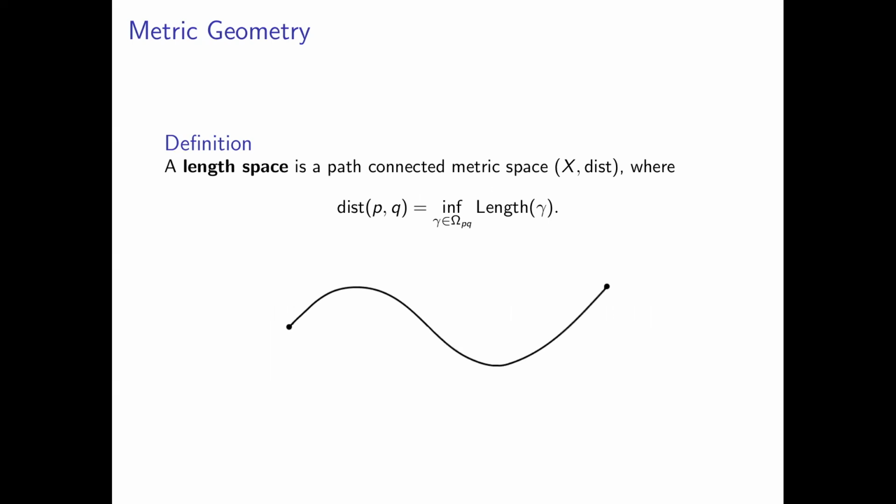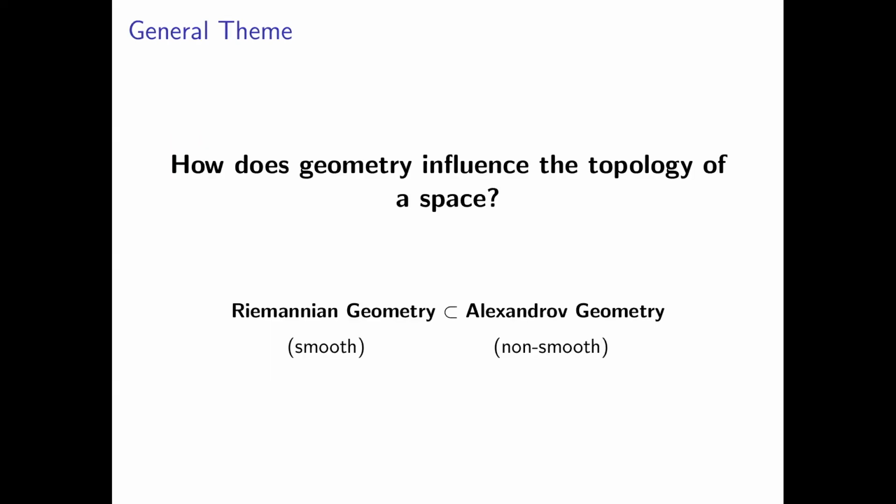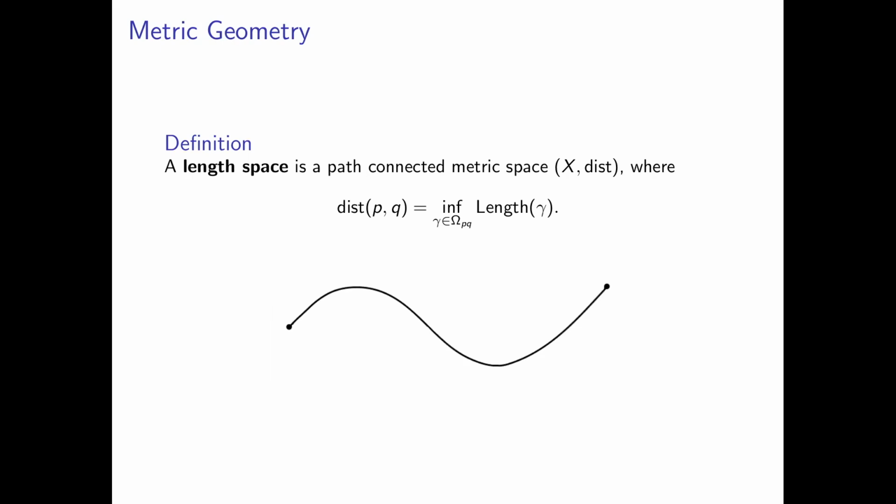Going back, we want to work with a special kind of metric spaces called length spaces, so let's define them. A length space is a path-connected metric space X with a distance function, and what's special is that the distance is given by the infimum of lengths of curves joining 2 points.